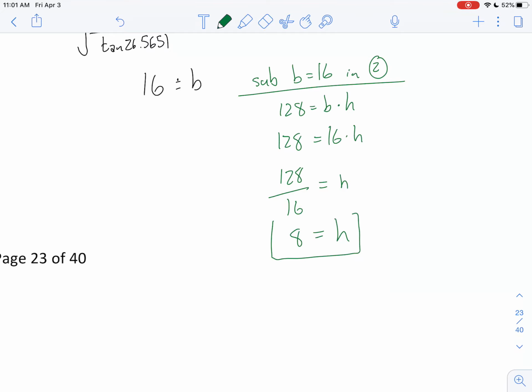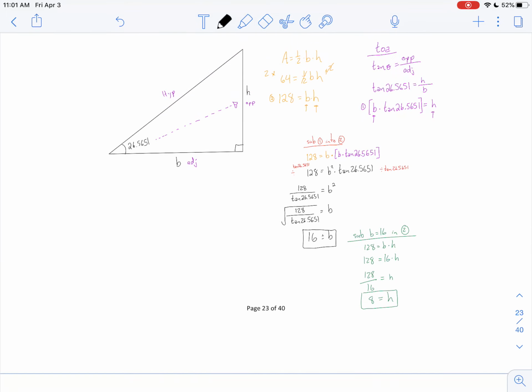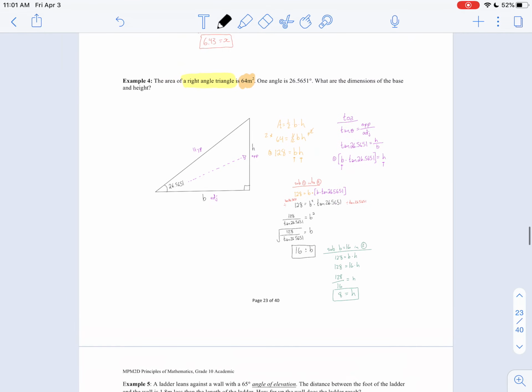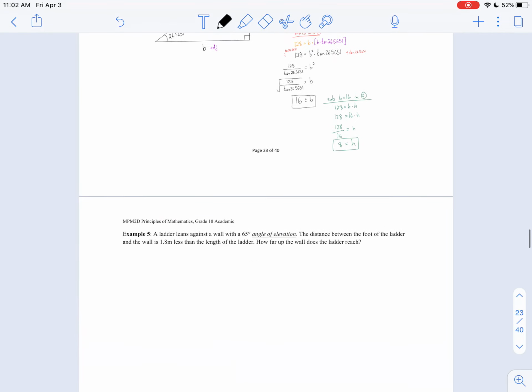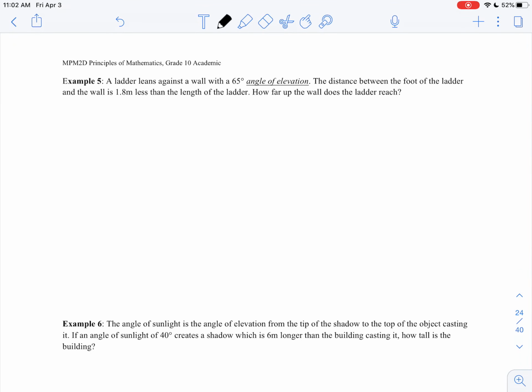So I've got my height of 8 and my base of 16. 16 times 8 is our total area of 128. I guess we could write out a therefore statement off to the side, saying therefore the base must be 16 and the height must be 8. Once again, questions there, just ask away via email or office hours.